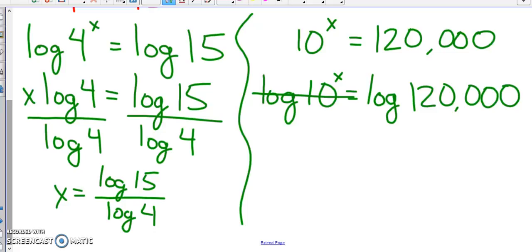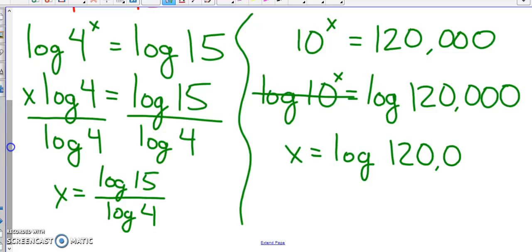And look what you got: you got x. So if you can get the base to match, that works out really well. But if it's not 10 or e, then you just make it work.